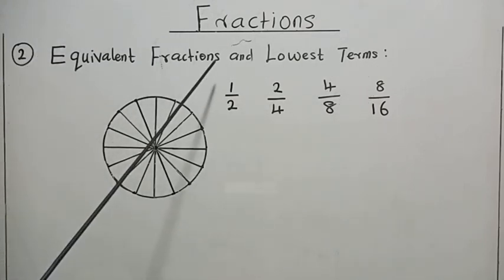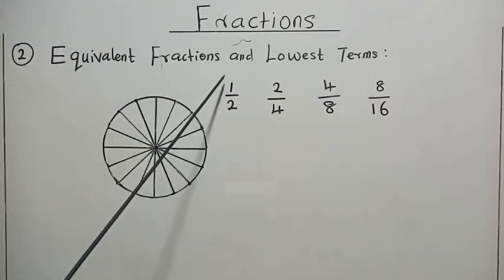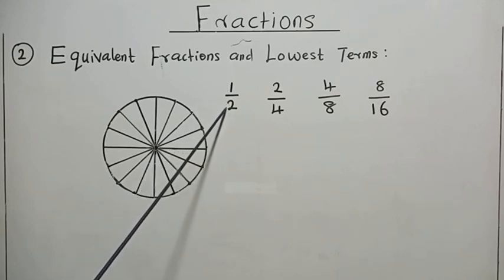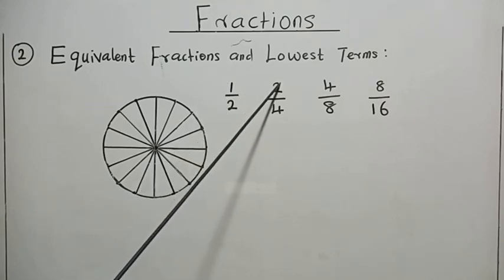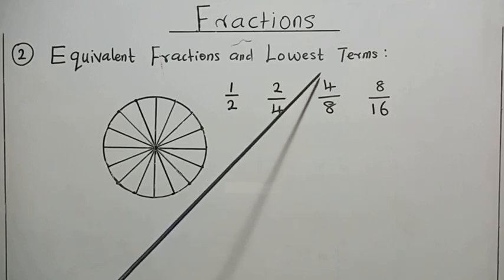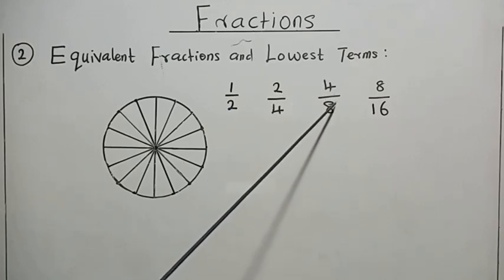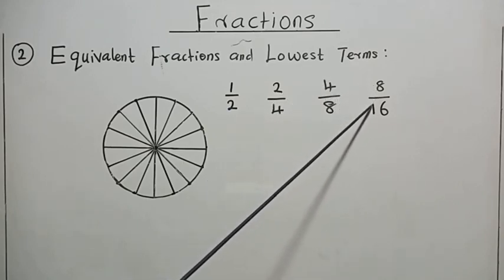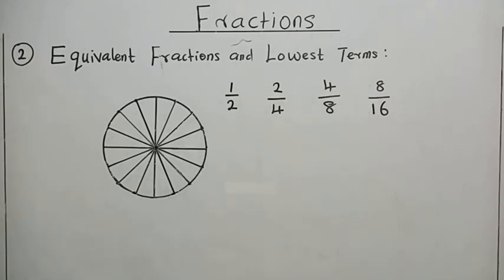That is, if you compare the masses of 1 out of 2 portions, 2 out of 4 portions, 4 out of 8 portions, 8 out of 16 portions, which one do you think will be heavier?